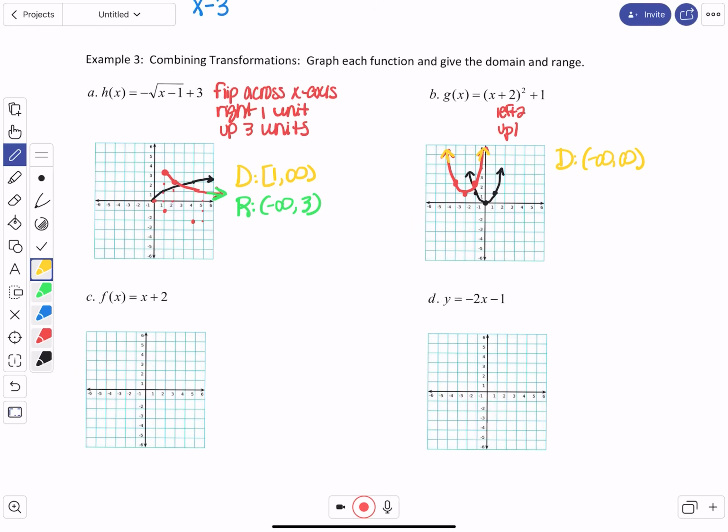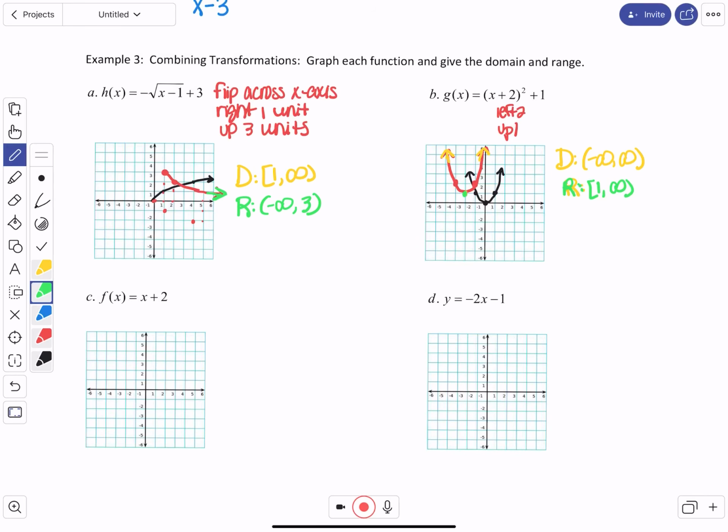When we do our range, the lowest that our point is right here. Yep, let me switch colors. The lowest our point is at positive 1, and it's going up forever. Okay? It's going up forever.